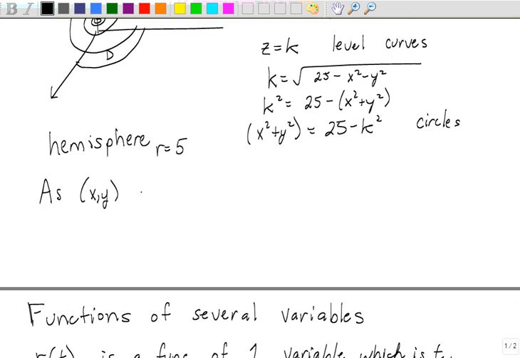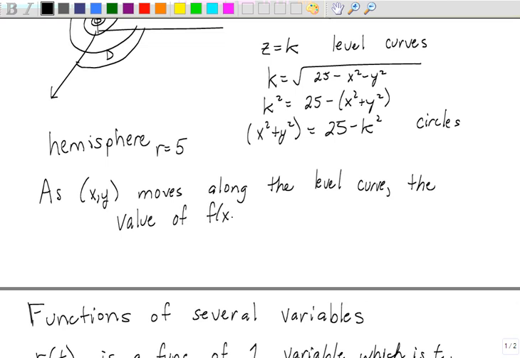Well, as the point (x, y) moves along that curve, that means the value of f of (x, y) remains constant, k. That's what your k is.